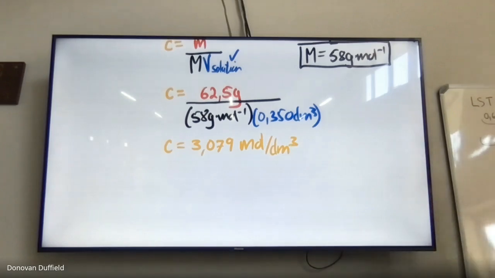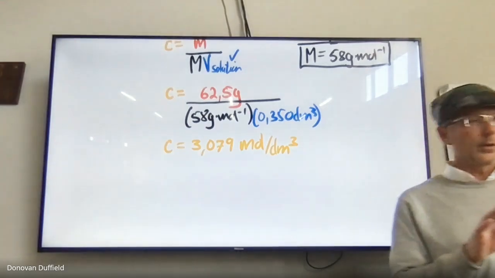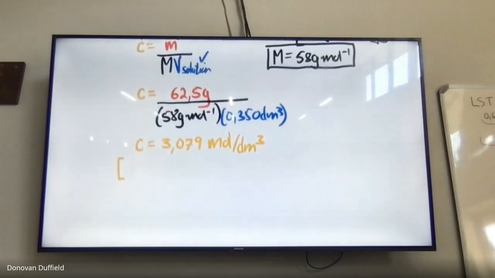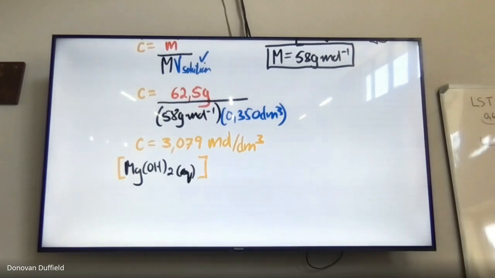Right, now there's several things I want to discuss here. We could also write this as the concentration of magnesium hydroxide, aqueous. We can write it as 3.079 mole dot decimeter to the -3.